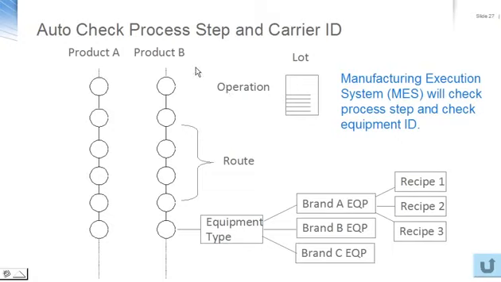For example, we have product A and product B with two different process flows, and this lot is ready to go into the equipment. The MES system will check the process step and the equipment ID. It will check whether this process step is right and whether it is the right equipment ID.